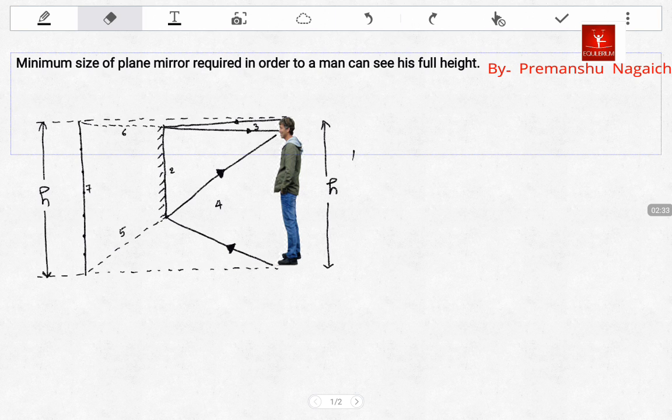Suppose this mirror has x length. Suppose the size of this mirror is x. This is the minimum size needed.